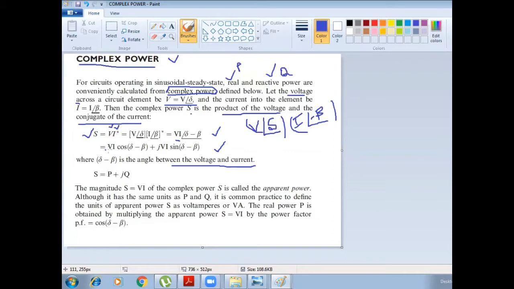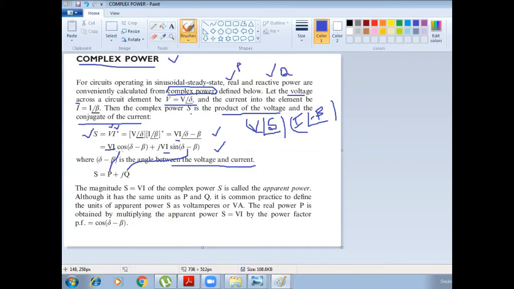Here VI is the apparent power. If you want to get the real power, this apparent power has to be multiplied with the cosine of the angle between the voltage and the current. And if you want to get the reactive power, the apparent power has to be multiplied with the sine of the angle between the voltage and current. Then you will get P plus jQ.